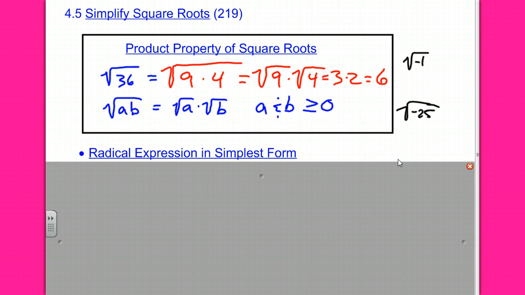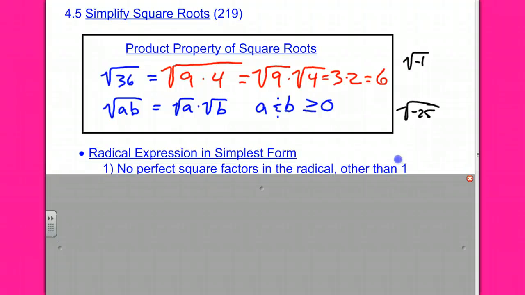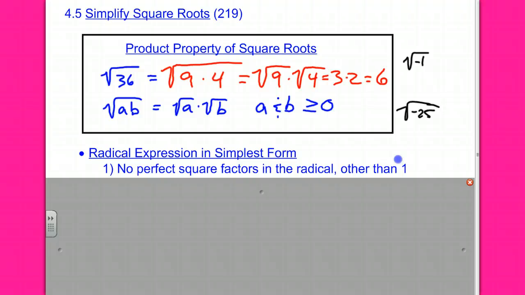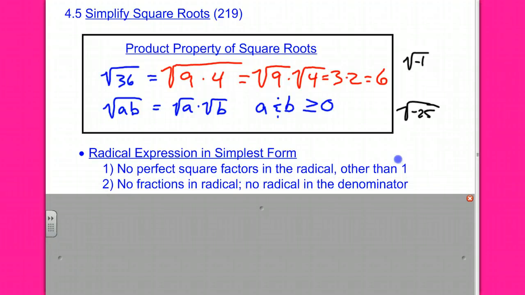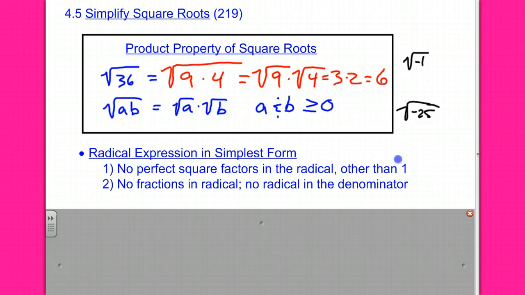Okay. Here's a little list that shows us what must be true if we have a radical in simplest form. If your radical is in simplest form, there should be no perfect square factor in the radical other than 1. And there should be no fractions in the radical, because there should be no radical in the denominator.